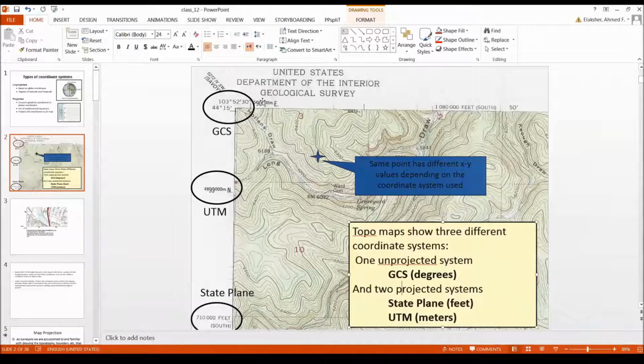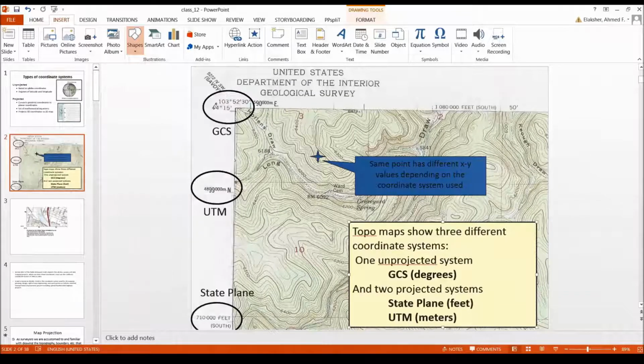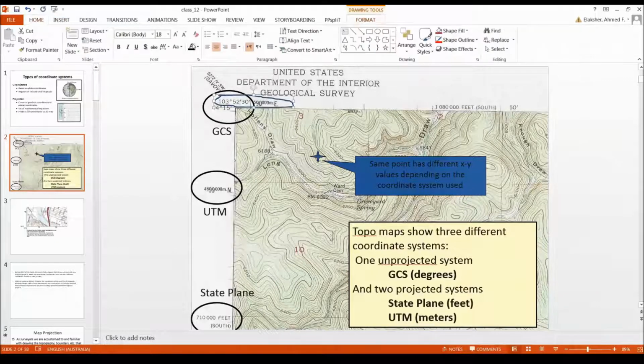Now, if you look at this coordinate system, what you will realize is it has easting. That's important. Or this one here, it has northing. So you also have to specify whether your coordinates are easting, westing, or northing and south.